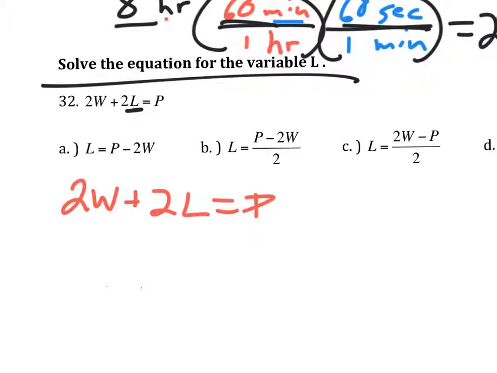So I'm going to put the L in black here because I want to get the L by itself. So my goal is to get L by itself and to have everything else on this side over here. So, similar to a problem I did earlier on page 2 or 3.